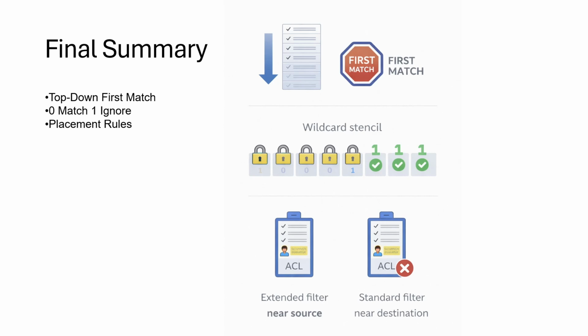Extended ACLs are precise, with source, destination, protocols, and ports. Direction matters. Inbound filters as traffic enters the router interface, and outbound filters as traffic leaves. Placement best practices: extended ACLs, place them close to the source, and standard ACLs, place them close to the destination. If you understand those rules, ACL questions stop being memorization and start being logic for you.